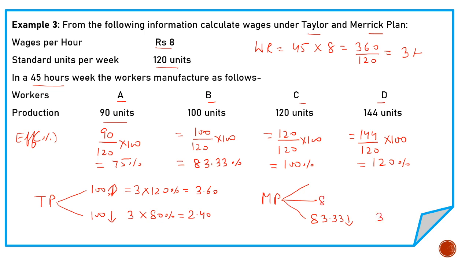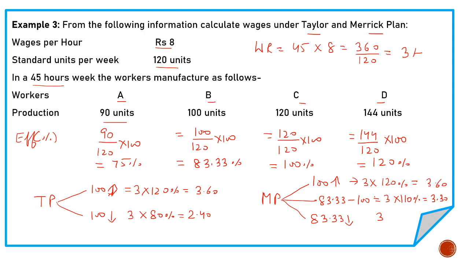If his efficiency is between 83.33 to 100%, then the worker is eligible for 110% of 3 rupees, that is 3.30 per unit. And if his efficiency is more than 100%, then the worker is rewarded with 120% of wage rate. So 120% of 3 rupees is 3.60.